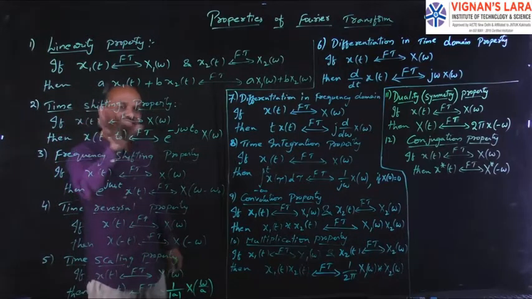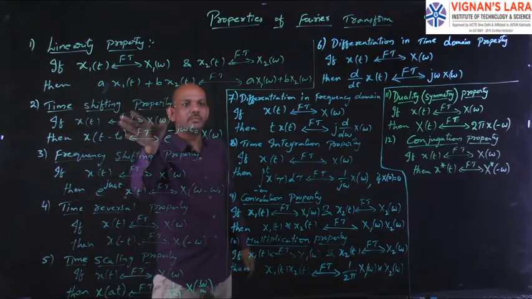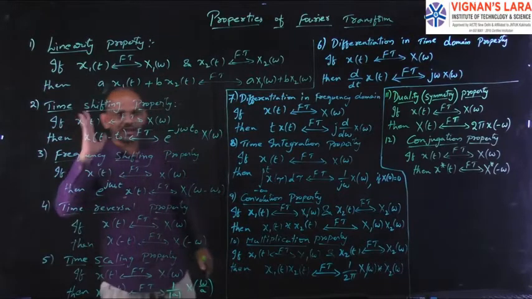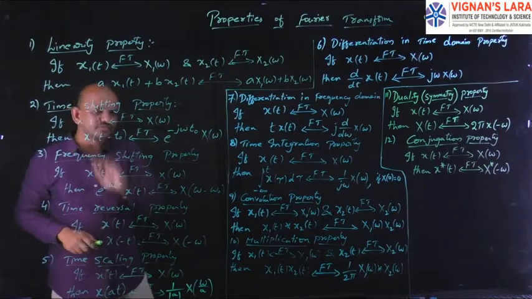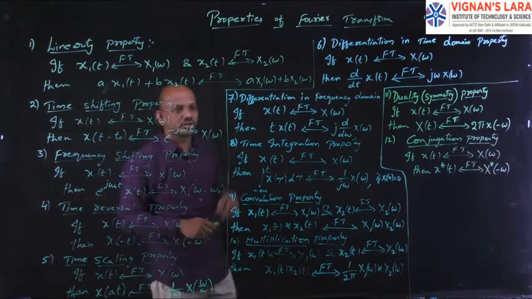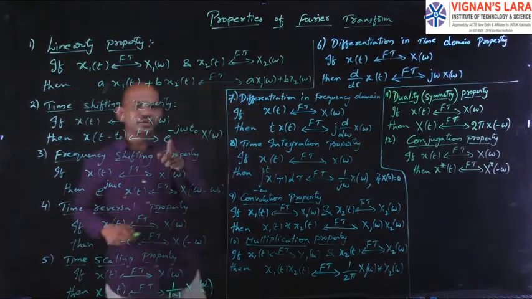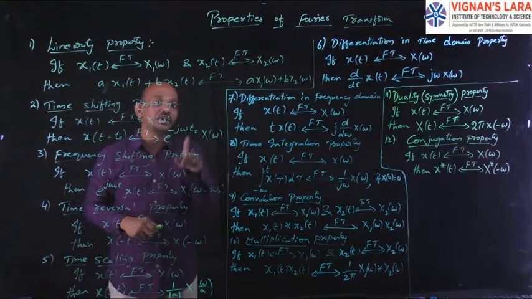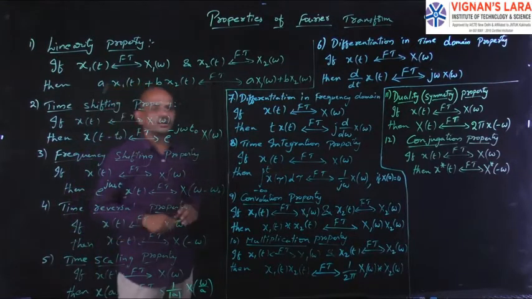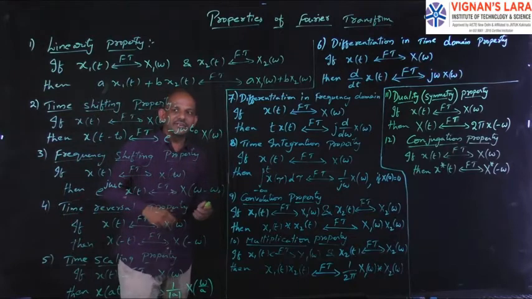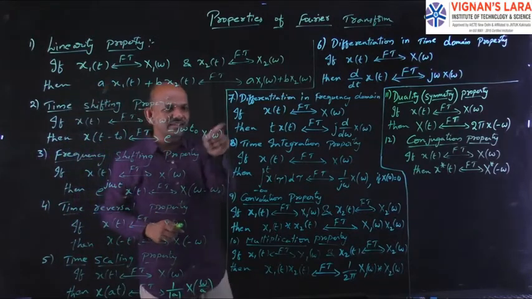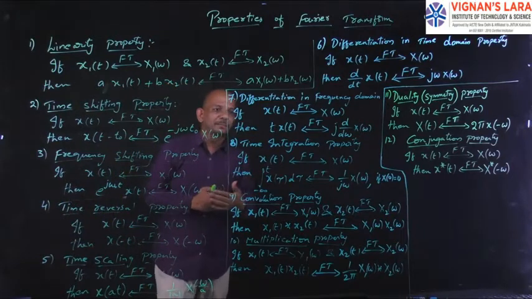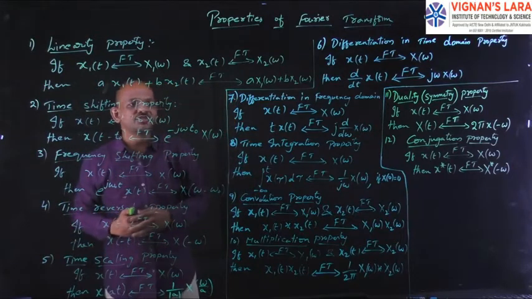If x of t has Fourier transform x of omega, then time shifting means x of t minus t naught will have a Fourier transform e to the power of minus j omega t naught into x of omega. That is, whenever there is a shift in the time domain, in the frequency domain x of omega should be multiplied with e power minus j omega t naught.